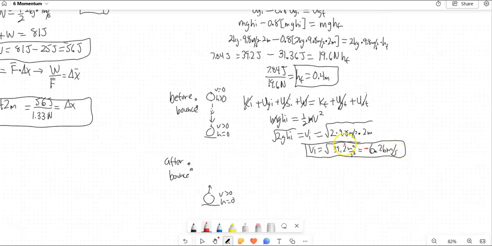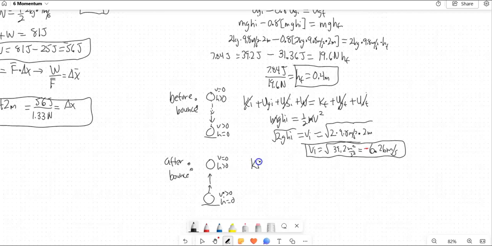So we solved this for 6.26 meters per second, and then we added in that negative. Okay, after the impact, it's going to have an initial velocity upwards, and then it's going to reach its maximum height, where its height is now greater than 0, but at your maximum height, your velocity is equal to 0.